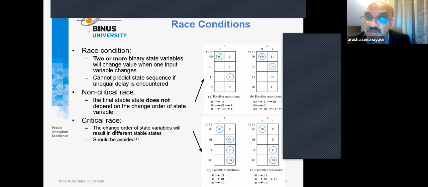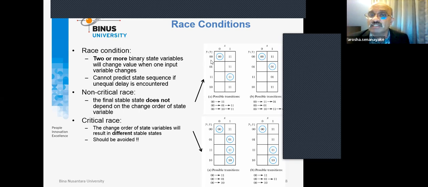The final stable state does not depend on the change order of the state variables. For example, in this final state table, the final stable state does not depend on the change order of the state variables.